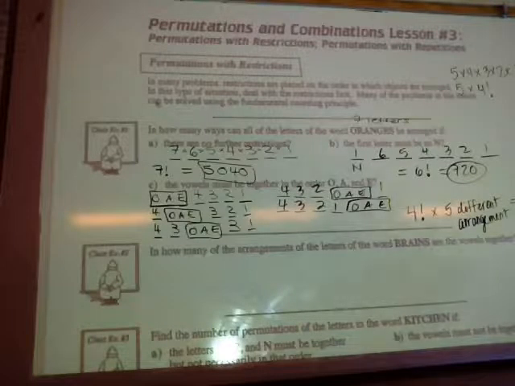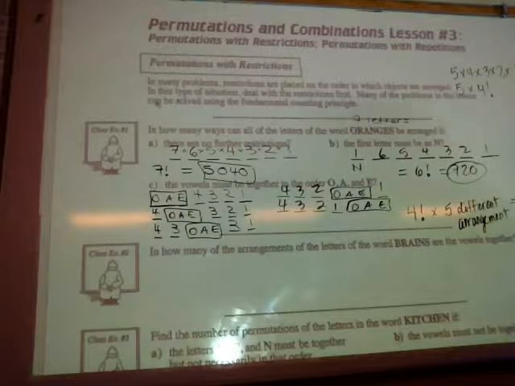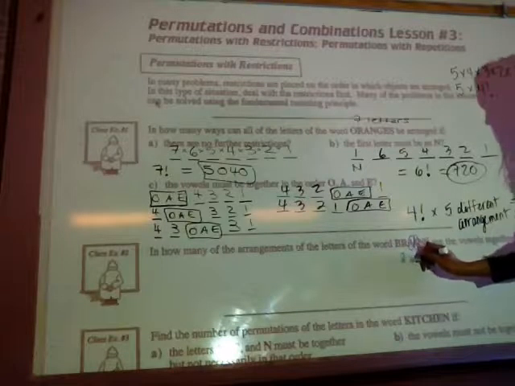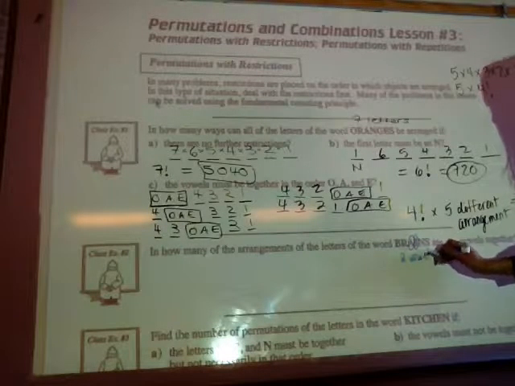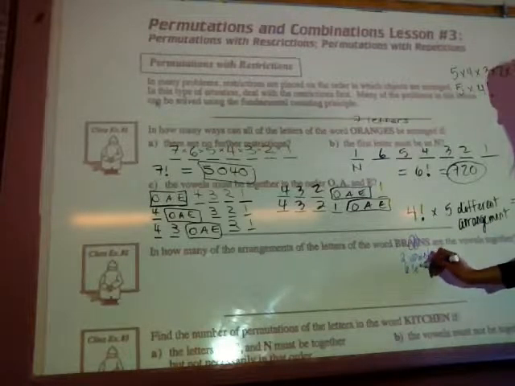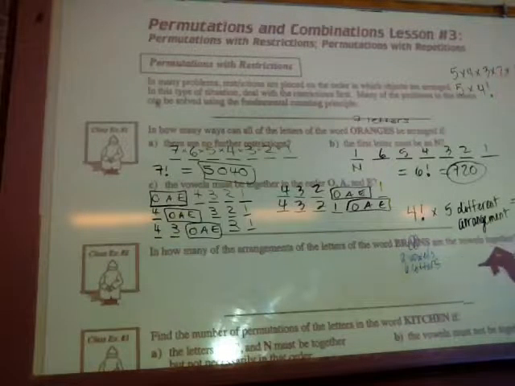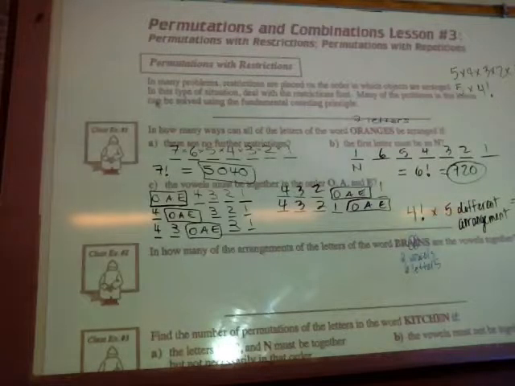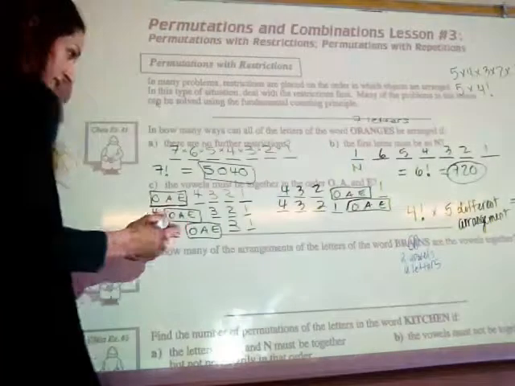In how many of the arrangements of the letters of the word brains are the vowels together? For brains, we have 2 vowels and 6 letters. There's going to be 2 cases for this.